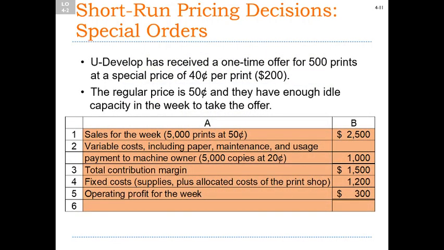All right, let's get to short-term pricing decisions for special orders. So again, just like in chapter 3 and maybe 2, I can't remember, but in chapter 3 they introduced you to this company, uDevelop.